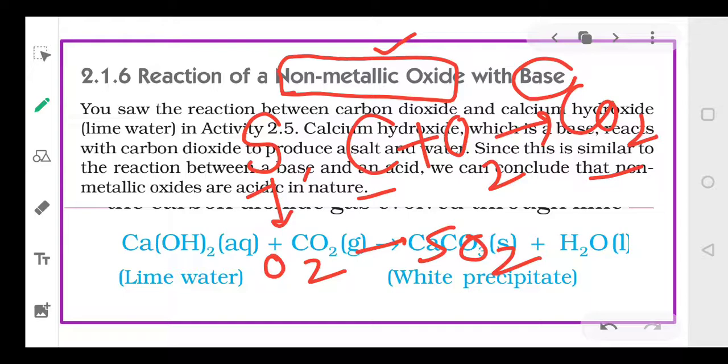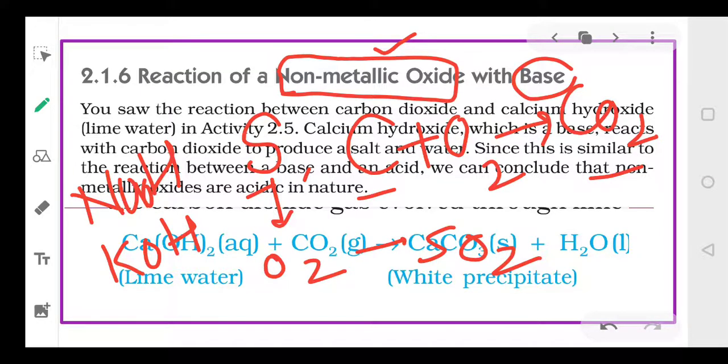Yes, you know. Okay, good. The bases are bitter in taste, isn't it? And the few examples that we have discussed are the weak bases and the strong bases. Like NaOH, KOH, these are the strong bases.